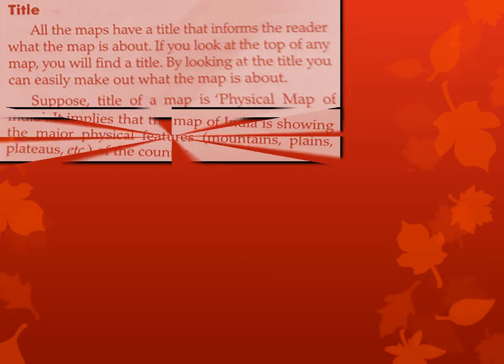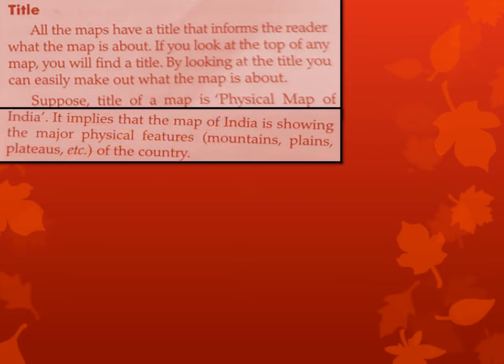Suppose a map has the title Physical Map of India. That means the map is going to show the major physical features of India like mountains, plains, plateaus, etc. Like this you can understand by reading the title of the map what the map is going to tell you.